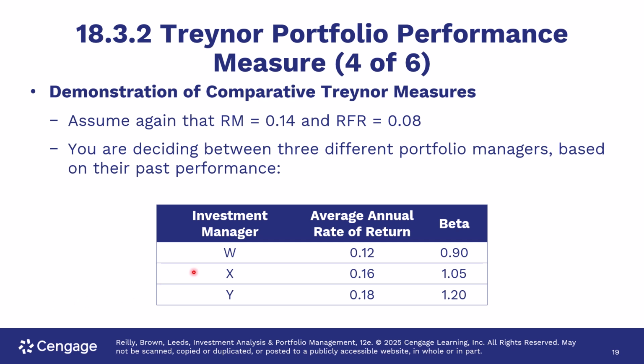So fund managers W, X, and Y, these are their R bars: R bar sub W, R bar sub X, R bar sub Y. And this is beta sub W, beta sub X, and beta sub Y. Looking at those 3 betas, it appears that portfolio Y was the riskiest of the 3.